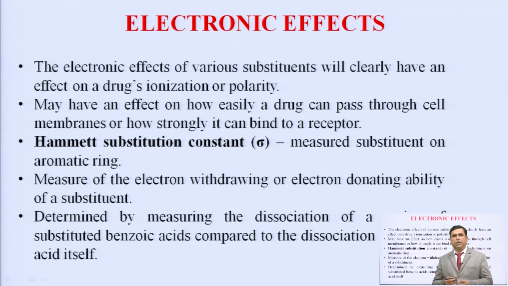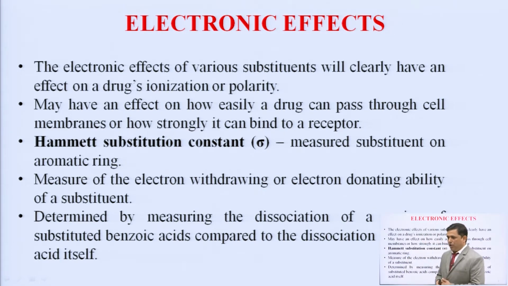What is the role of these substituents in the ionization or polarity of the molecule, and how does it affect the biological activity? It may affect how easily the drug can pass through the cell membrane, as the ionizability of the drug affects its passing through the cell membrane.